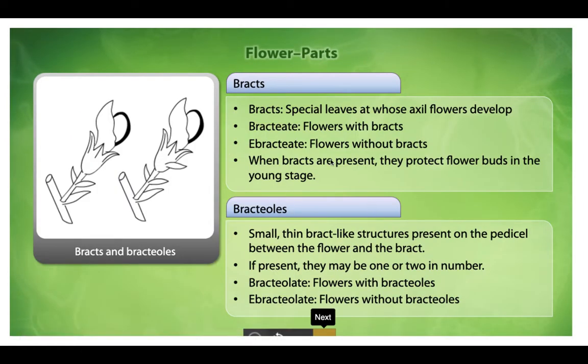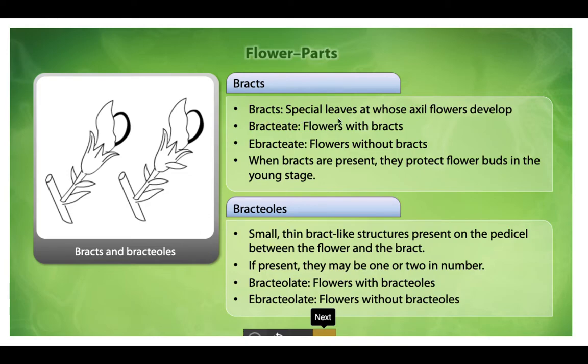Now let's get to know the other parts of the flower. Here you can see in this presentation the bracts and bracteoles. These are also leaf-like structures present on the axis of the flower, from where the flower originates at the pedicel.